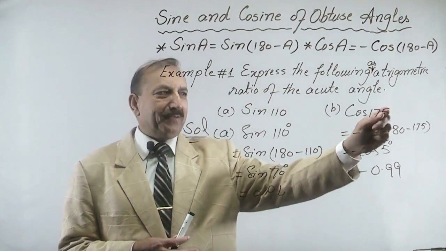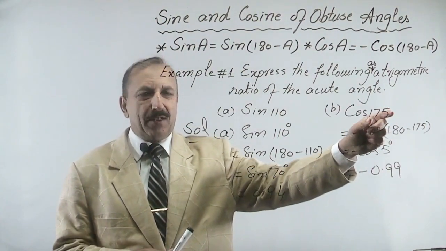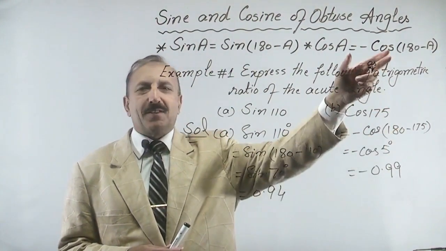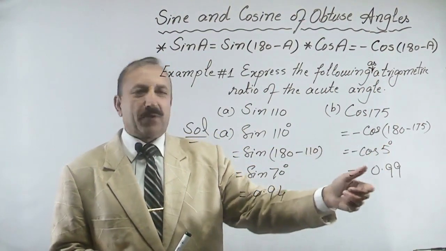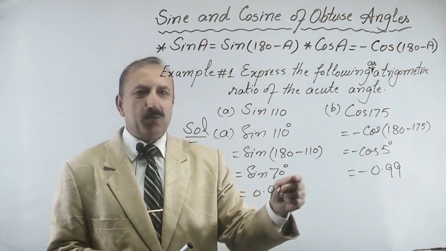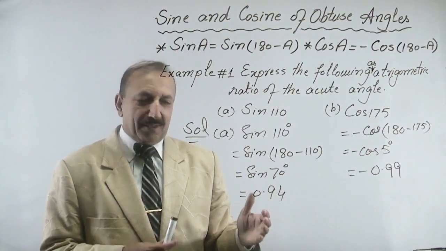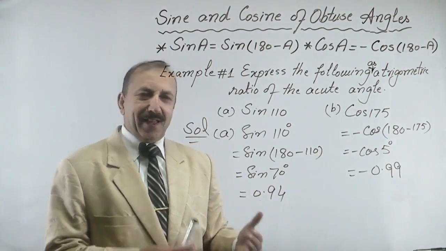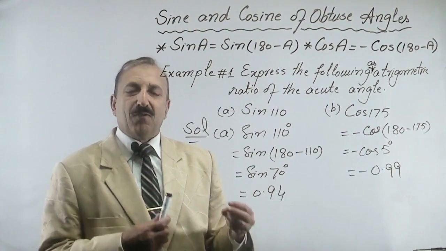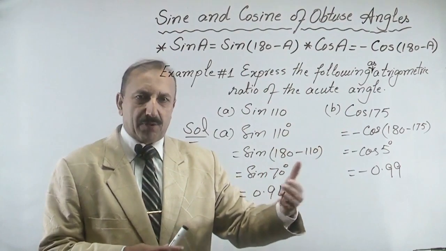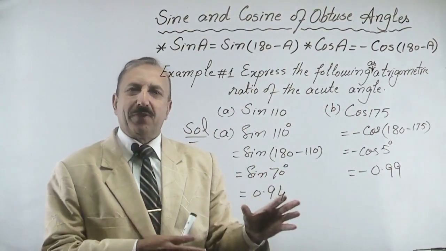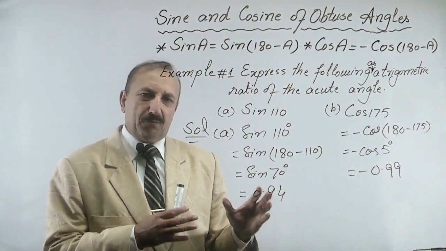Again we were given an obtuse angle, and with the help of this result we have converted it into an acute angle and then got the value from the calculator. Alright, my dear, in a coming example let's see what the use of this concept is instead of this direct calculation, what is the use in different problems, and we will learn that.